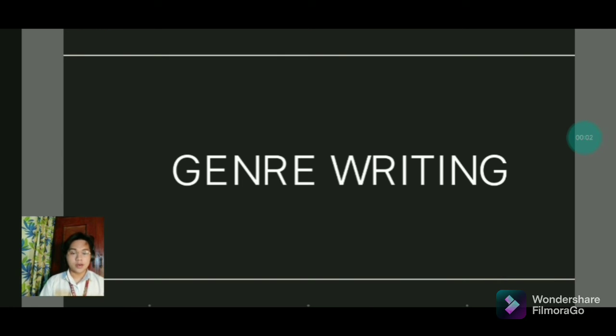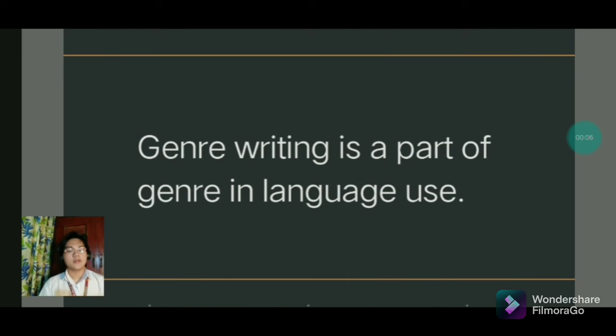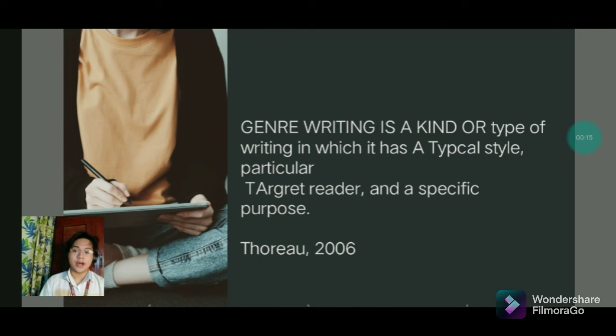And the next topic is genre writing. Genre writing is a part of genre in language use. As for what Tori stated in 2006, genre writing is a kind or type of writing in which it has a typical style, if it is descriptive, narrative, or creative writing.